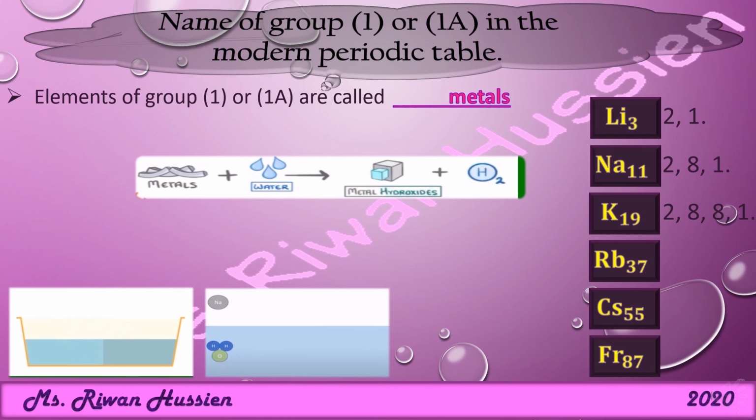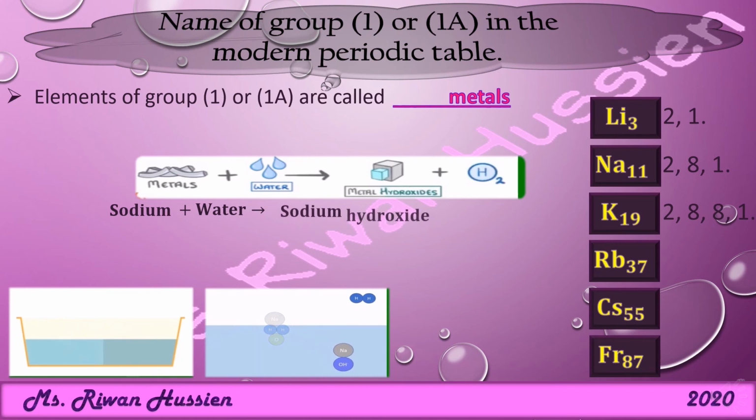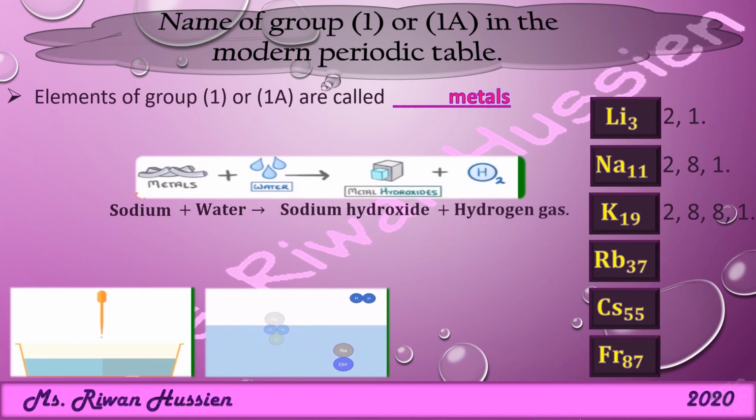A water molecule has 2 hydrogen atoms and 1 oxygen atom. When we add sodium metal to water, the sodium atom replaces the hydrogen atom of water, forming sodium hydroxide, and hydrogen gas evolves. So, sodium plus water gives sodium hydroxide and hydrogen gas.